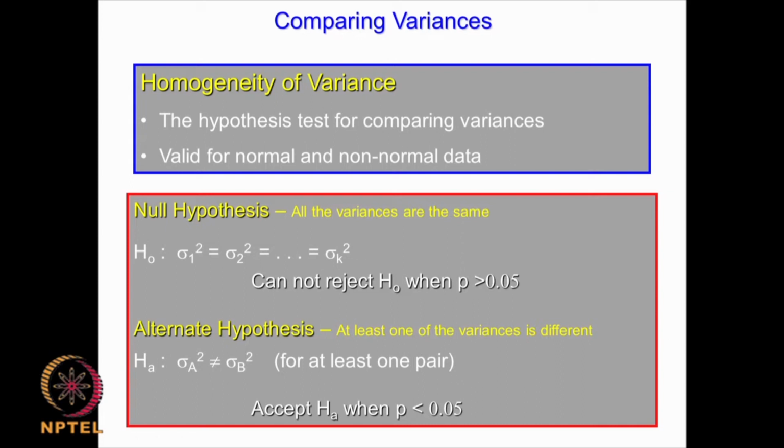So sigma 1 square will be the variance. We cannot reject the null hypothesis if p is greater than 0.05, and the alternate hypothesis will be sigma a square is not equal to sigma b square, and so on. When p is less than 0.05 we will reject the null hypothesis and accept the alternate hypothesis. So that is what variance comparison is.